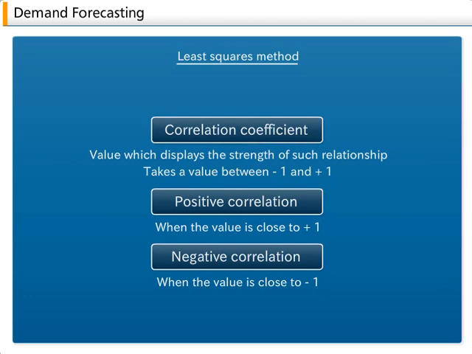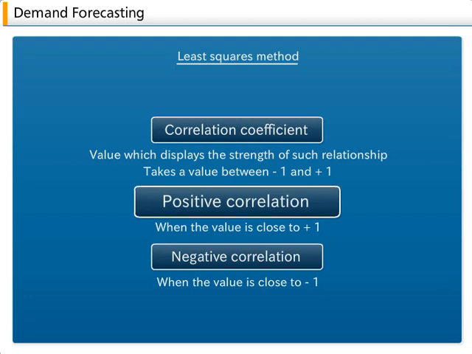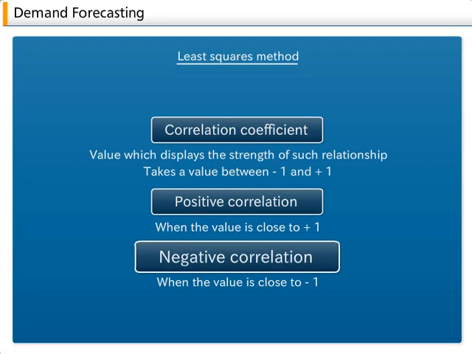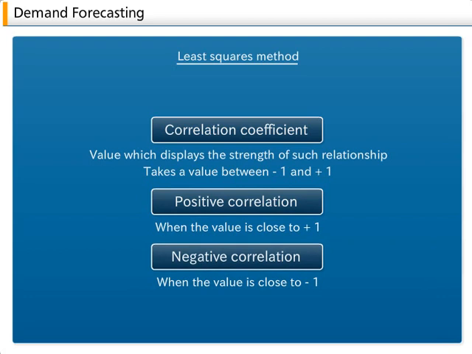A correlation coefficient takes a value between -1 and +1, and is said to have a positive correlation in the relationship of the two values when the value is close to +1, and said to have a negative correlation when the value is close to -1. The closer to +1 or -1 the correlation coefficient value is, the stronger the correlation is.